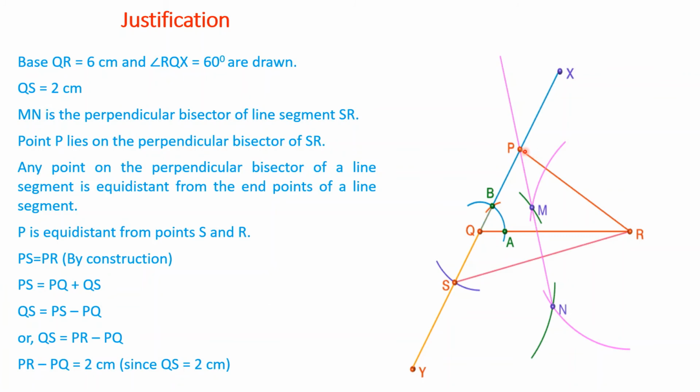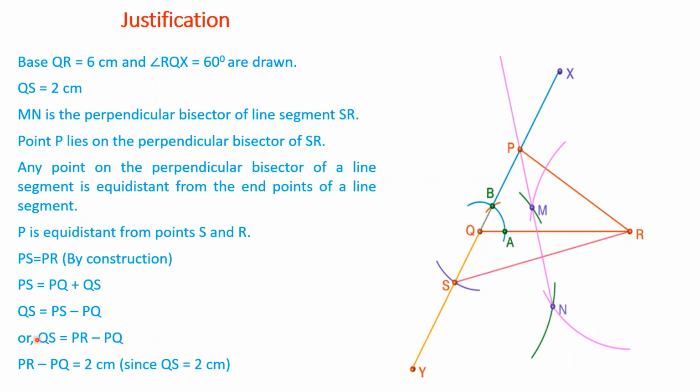Now also PS equals PQ plus QS. Now what about QS? QS is PS minus PQ. Transfer PQ to this side: PS equals PQ plus QS, so QS equals PS minus PQ. Now PS equals PR, so QS equals PR minus PQ.